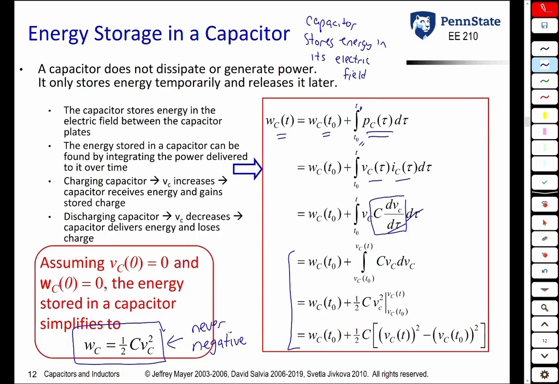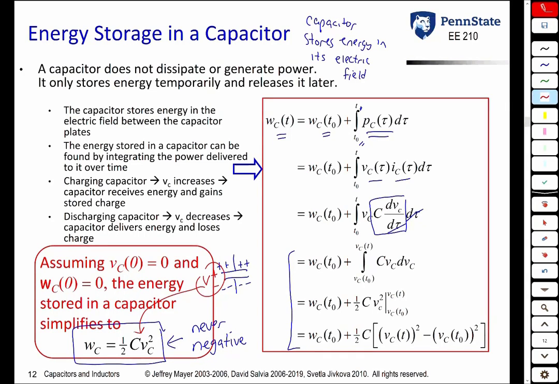Whenever you have charges stored on a capacitor, you're going to have a voltage across the capacitor due to the capacitive effect. Remember, charges on two conducting plates create an E field, create a voltage difference between those two plates, and that voltage gives rise to this energy that's being stored.